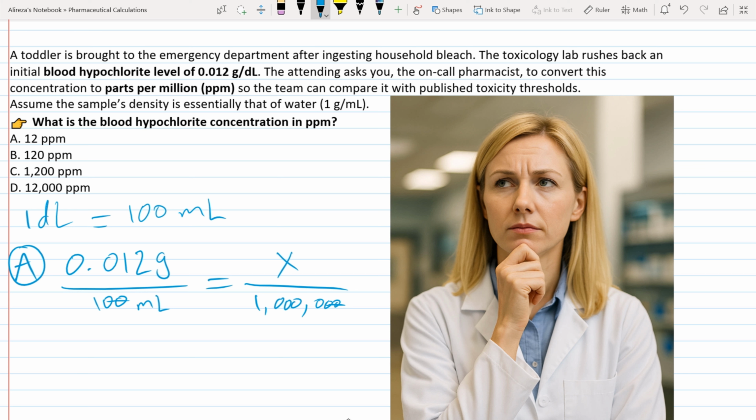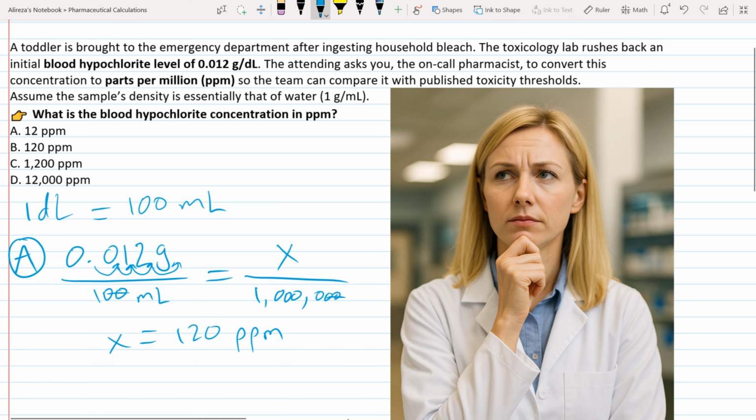So there are 4 zeros here, and I'm going to move the decimal place 1, 2, 3, and 4. So you get x equals 120, which is parts per million. So this is perhaps the fastest way to do this, but is not the only way.